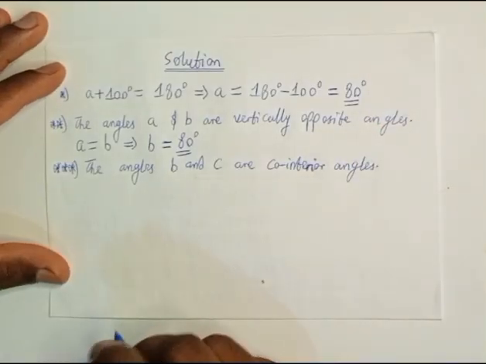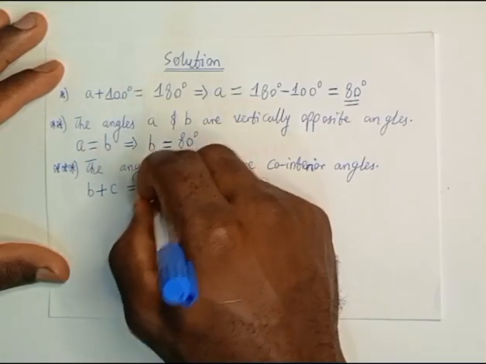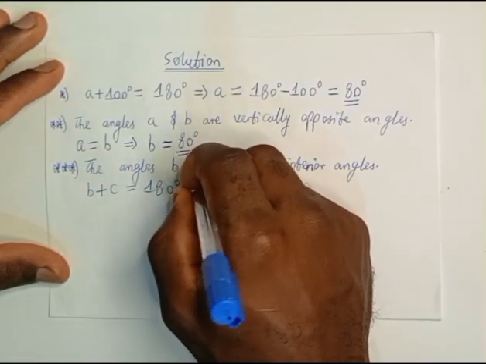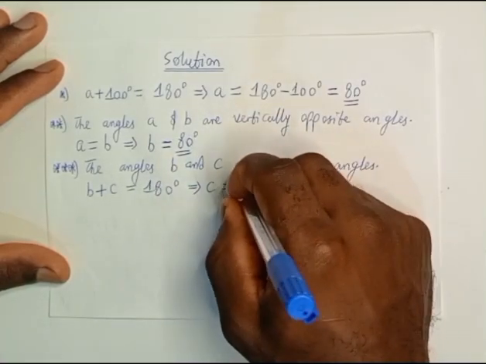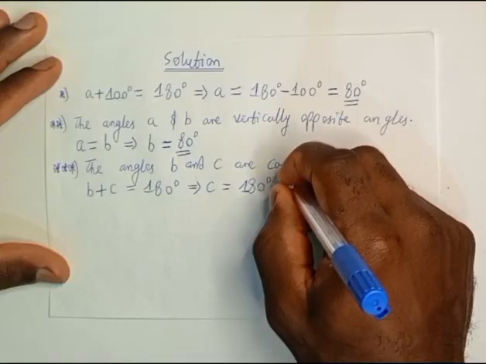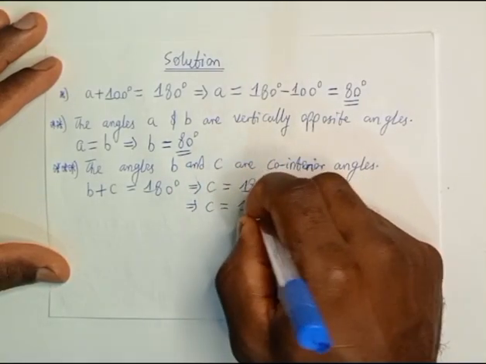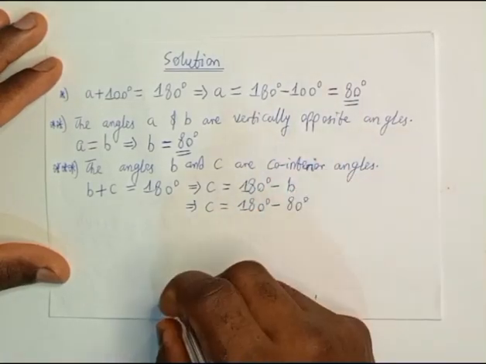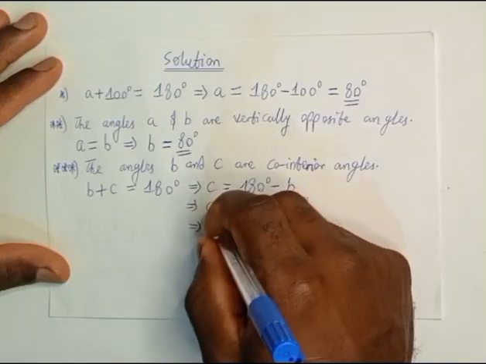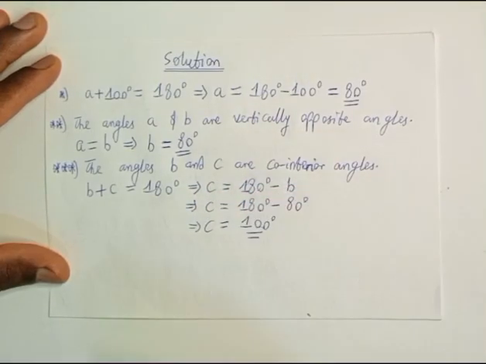And co-interior angles, they sum up to 180 degrees. That means B plus C is equal to 180 degrees. Then, if we make C the subject formula, C will be equal to 180 degrees minus B. Our C will be equal to 180 degrees minus 80 degrees. This will give us the angle C to be equal to 100 degrees.